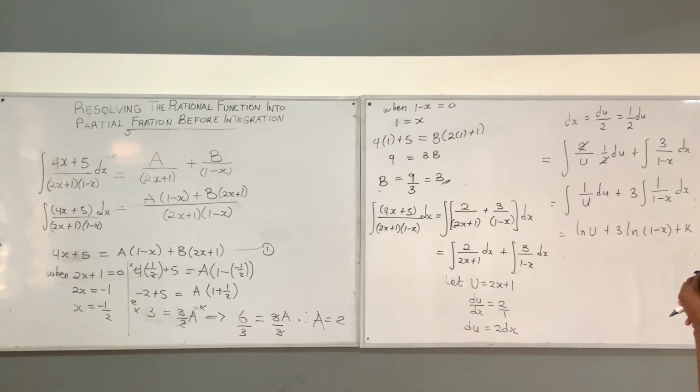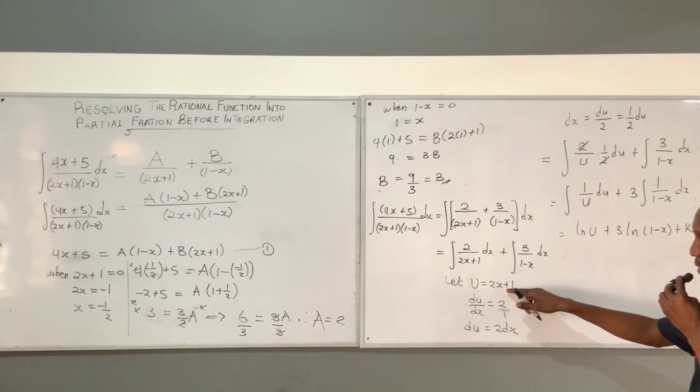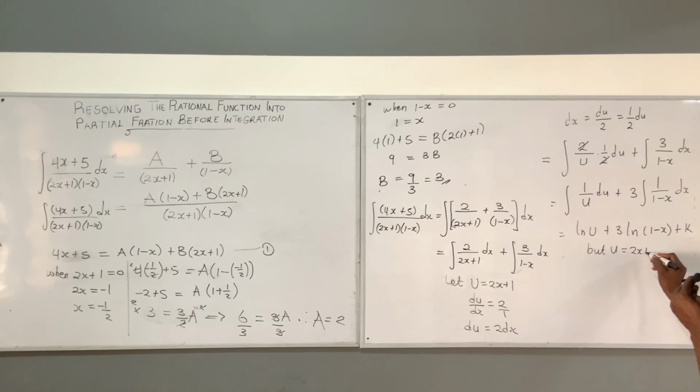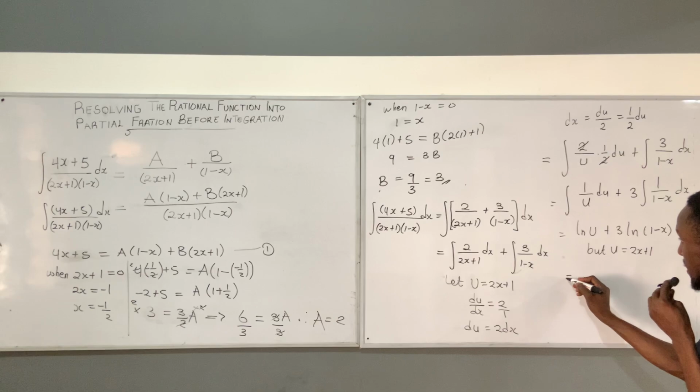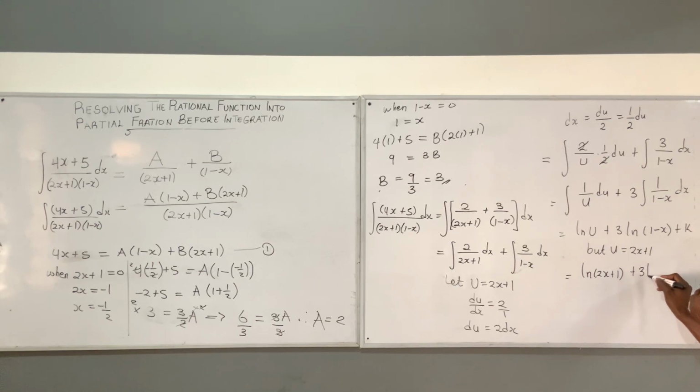So now from here, I said that let u be equal to 2x plus 1. So when I rewrite this, I'm having ln 2x plus 1 plus 3 ln 1 minus x plus k.